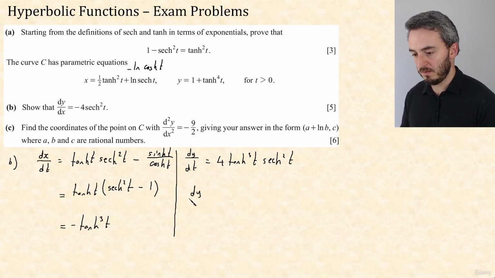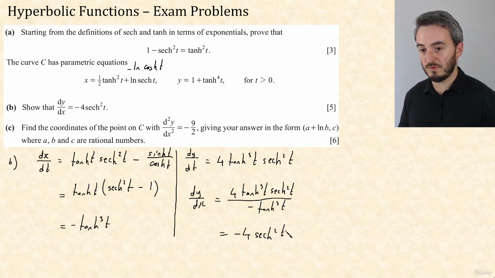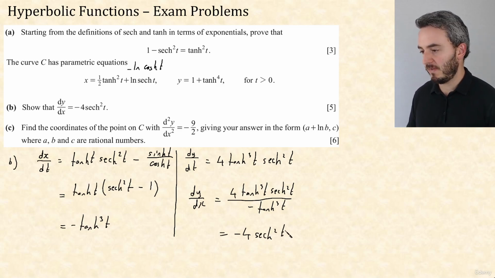So dy by dx is dy by dt divided by dx by dt. And this looks pretty good because the tanh cubed t's cancel, leaving me simply with minus 4 sech squared t, as required. 5 marks in the bag there.